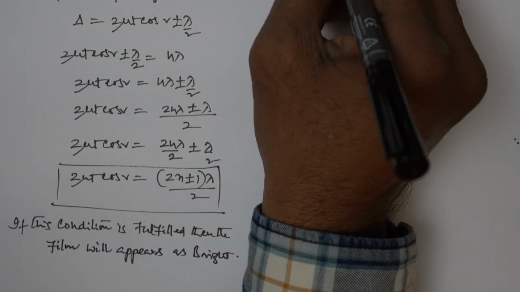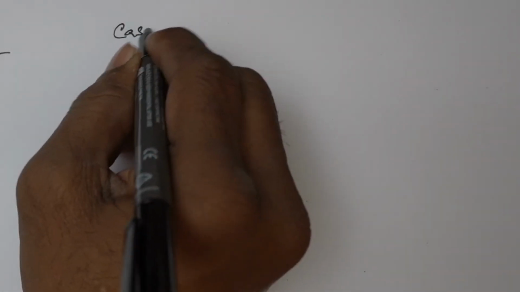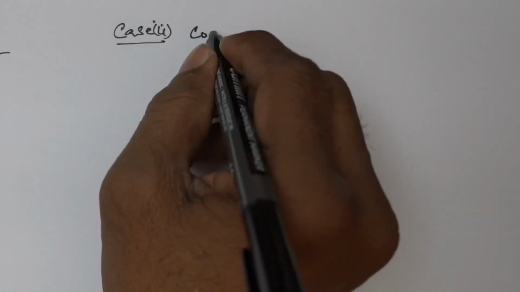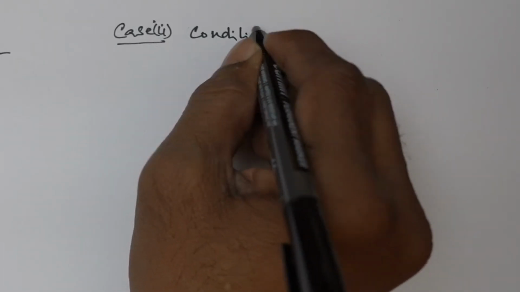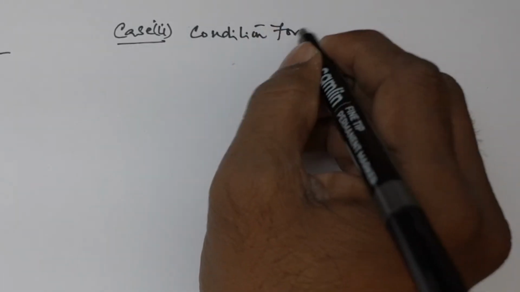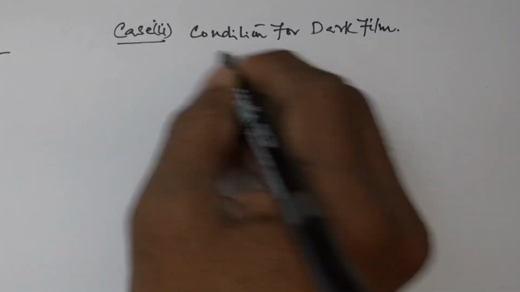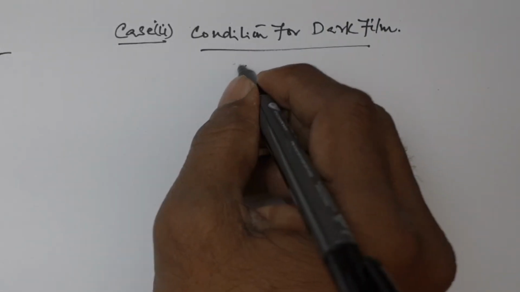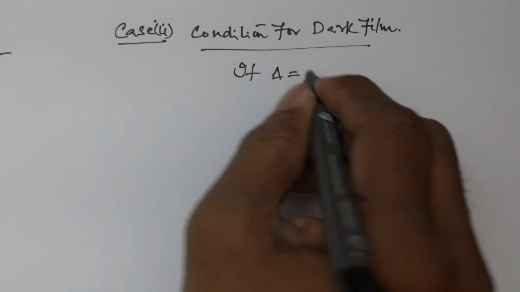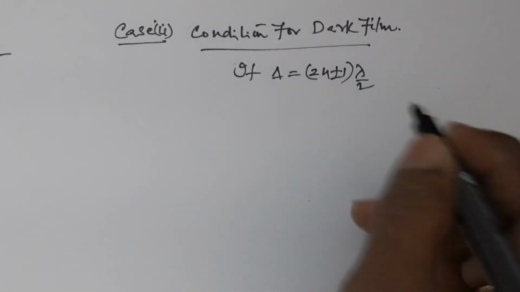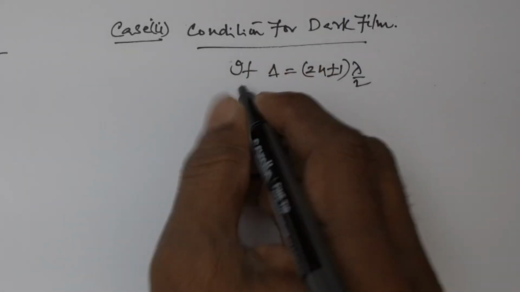Similarly, case 2: let us go to the condition for dark film. When do we say that the film is appearing like a dark film? Now, if delta is equal to 2n plus or minus 1 into lambda by 2, odd multiples of lambda by 2, as we call it.